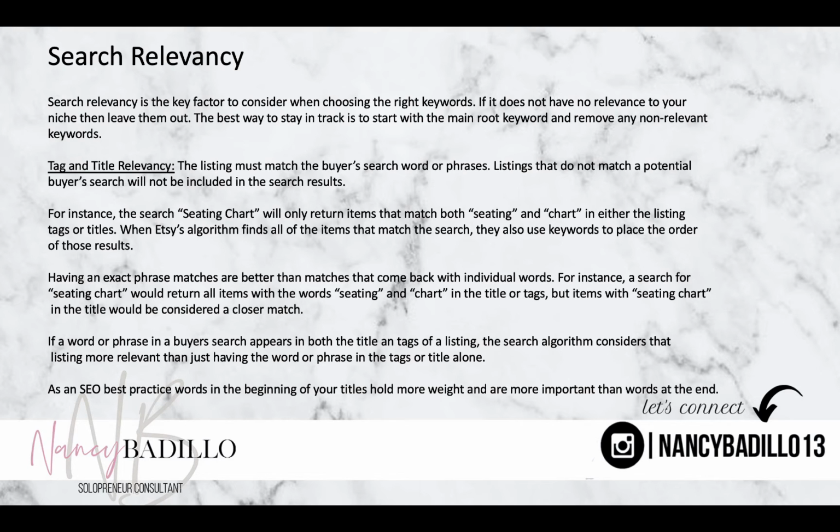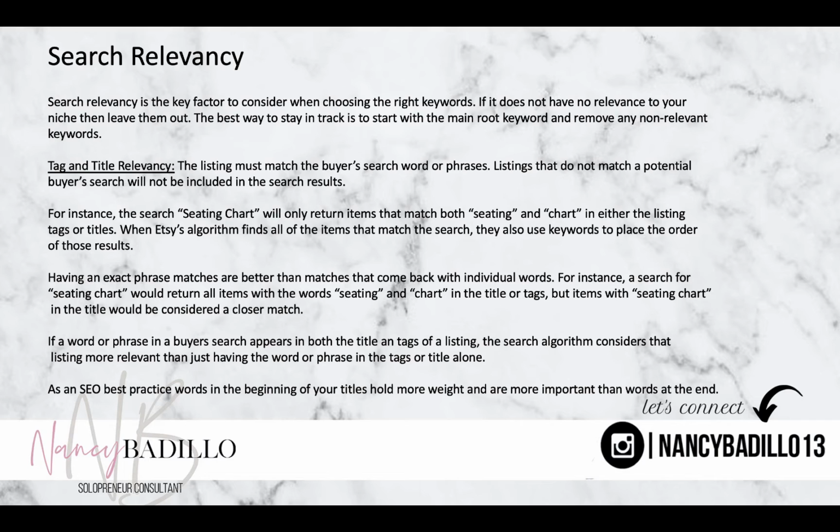When the Etsy algorithm finds all of the items that match the search, they also use keywords to place the order of those particular results. So that's how they pick the ordering. So having exact phrase matches are better than matches that come back with individual words. For instance, a search for sitting chart would return all items with the words sitting and chart in the title or tags.